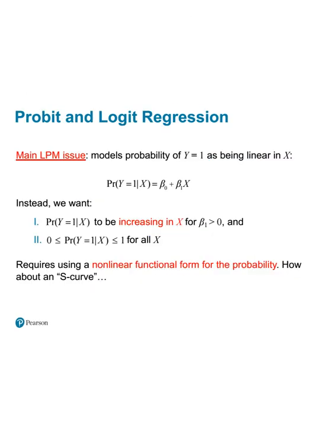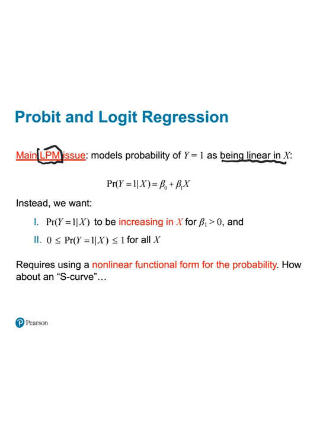Turning our attention then to improved models, probit and logit regression. Recall the main problem with linear probability models, the LPM, is that they identify the probability as being linear in x. So as x goes from 0.3 to 0.4, it has the same impact as going from 0.4 to 0.5 or 0.7 to 0.8.